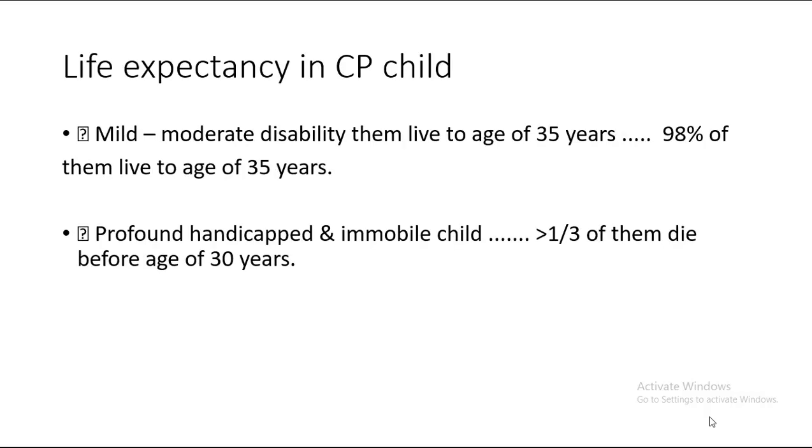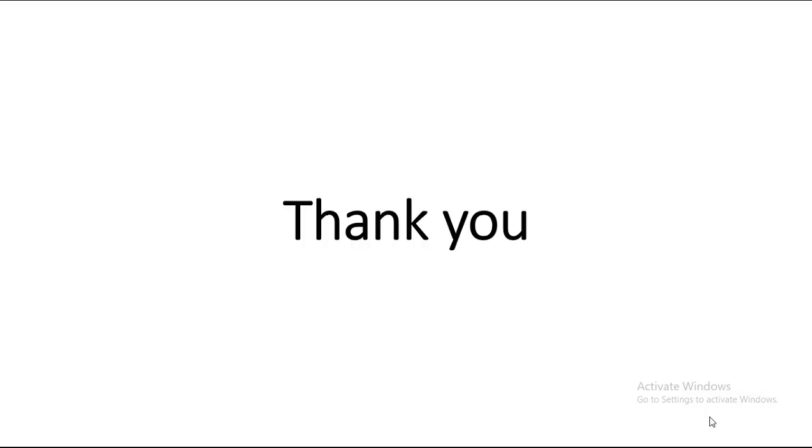Those with mild to moderate disability live up to 35 years, and those who are profoundly handicapped and immobile, more than 30% of them die before age of 3 years. Thank you.